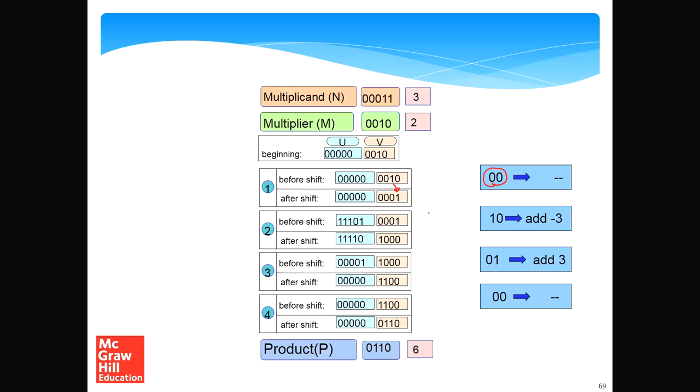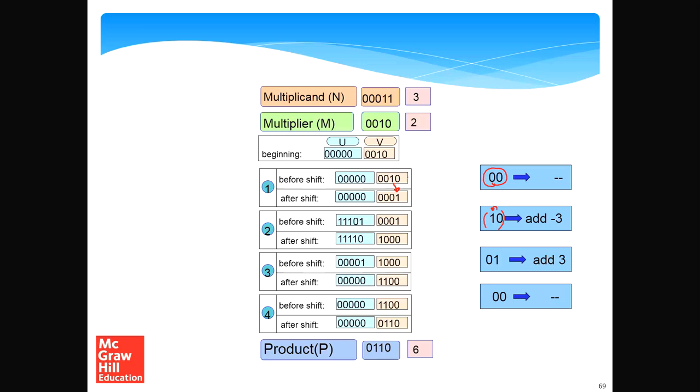Subsequently we look at the current bit, previous bit pair, which in this case is 1, 0. So we see a 0 to 1 transition. In this case, we essentially subtract the multiplicand, which means that we add minus 3.